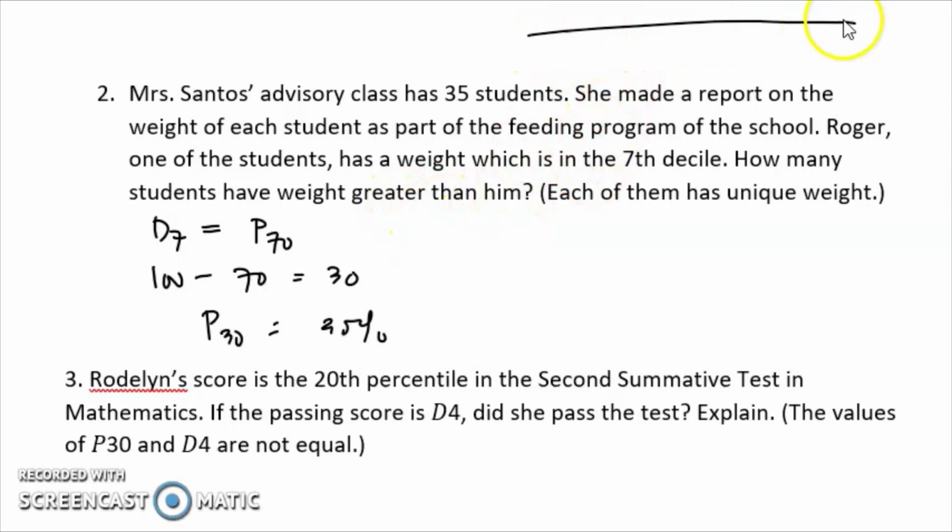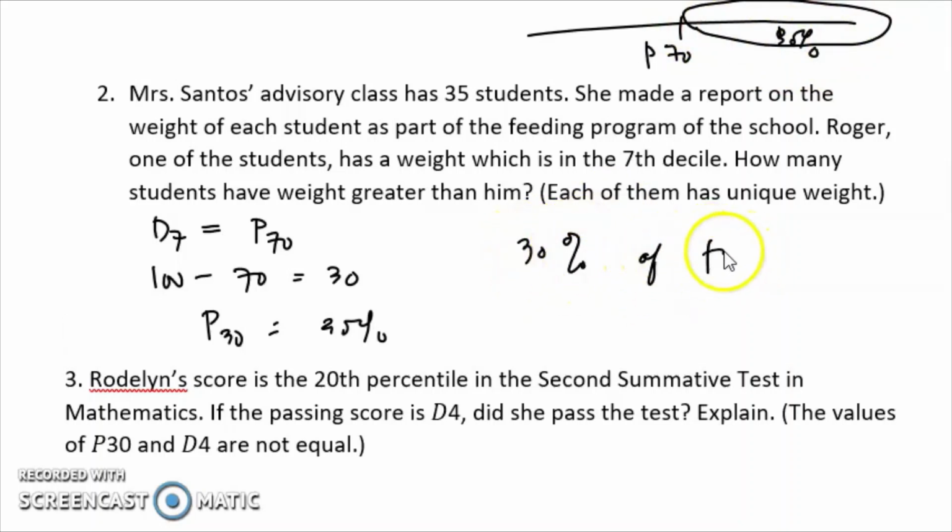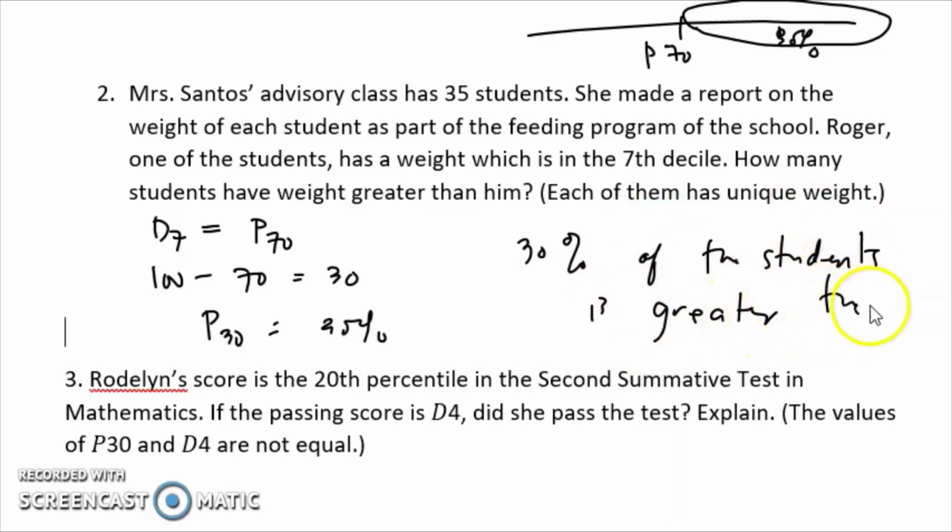So, kung ito siya, P70, di ba? Okay, lahat ng greater sa kanya, ito yun, which is 30%. So, ang ilalagay natin dito, 30% of the students is greater than him. Mas mataas yung 30% sa kanya.